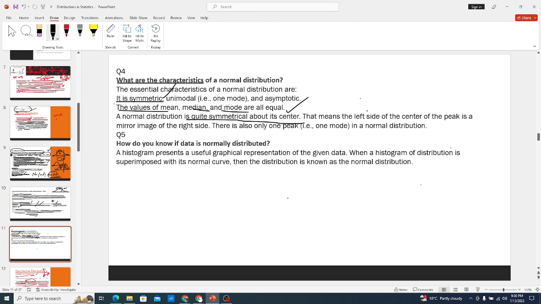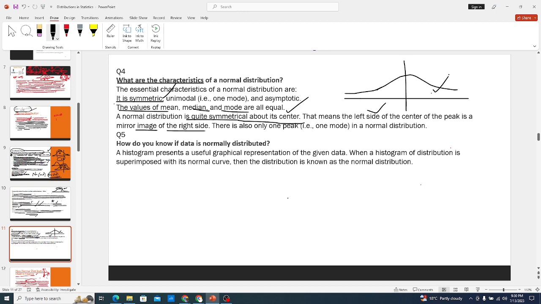Okay, that is the left side of the center of the peak. It's a mirror image to the other side. Yes, the values we have on the right side are the same values, or the same number of values, as we have on the left.